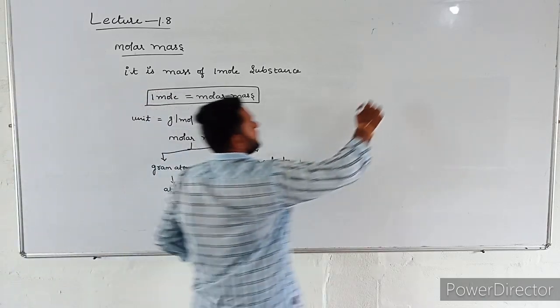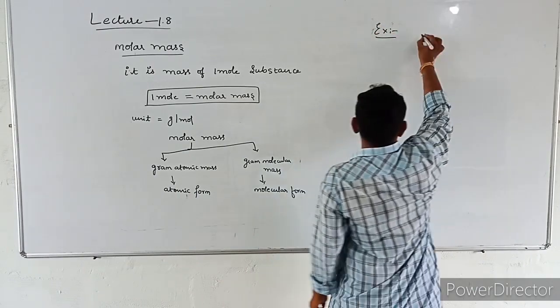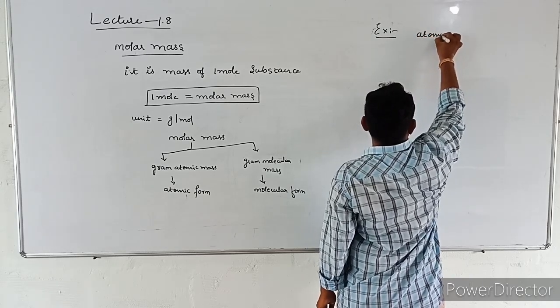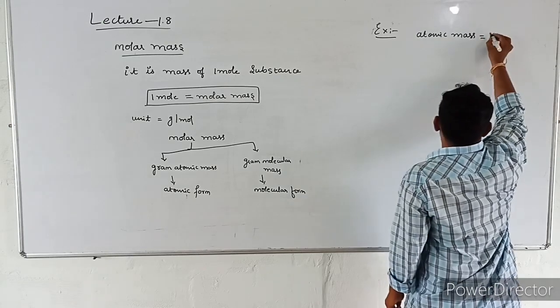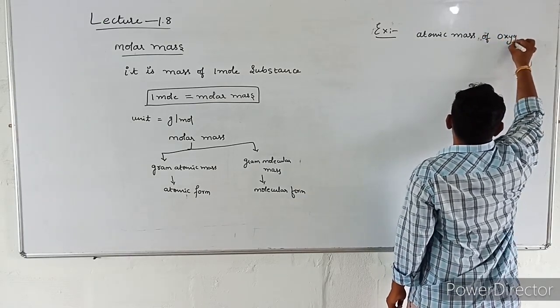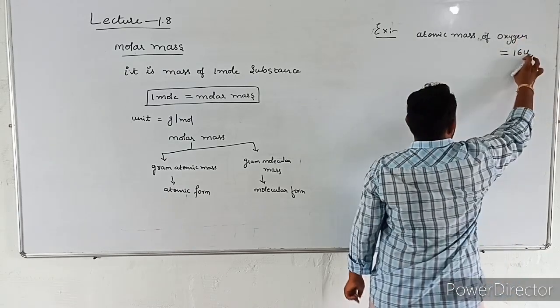Let us take examples. What is the atomic mass of oxygen? 16 unified mass, right?